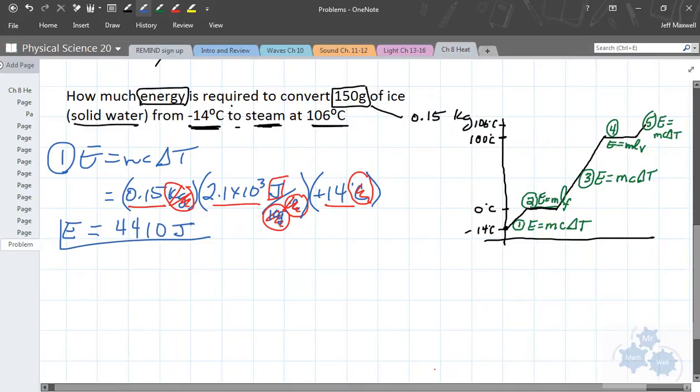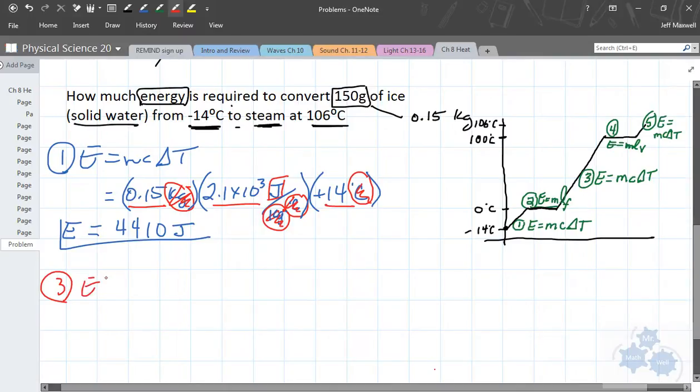Now we're going to keep that number there because what do we have to do? We have to find the energy associated with the other sections, and then add them all up at the end. Okay. I'll do one more section with you, and then I won't give you any other homework other than just finishing this one. So I'll do 2 with you, and then you can do the other sections between now and Monday.